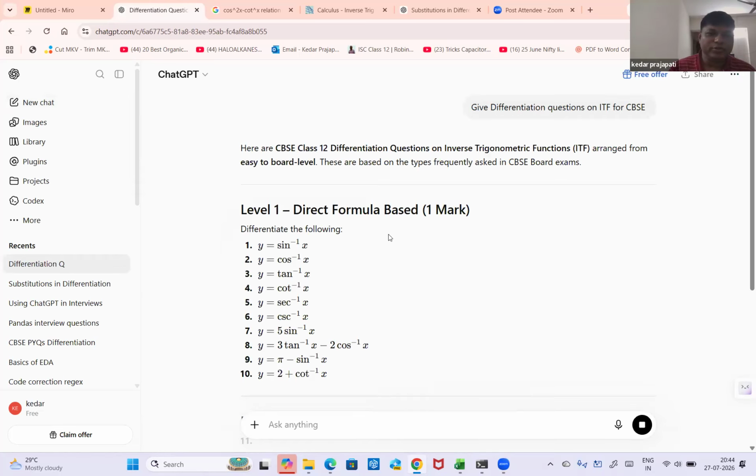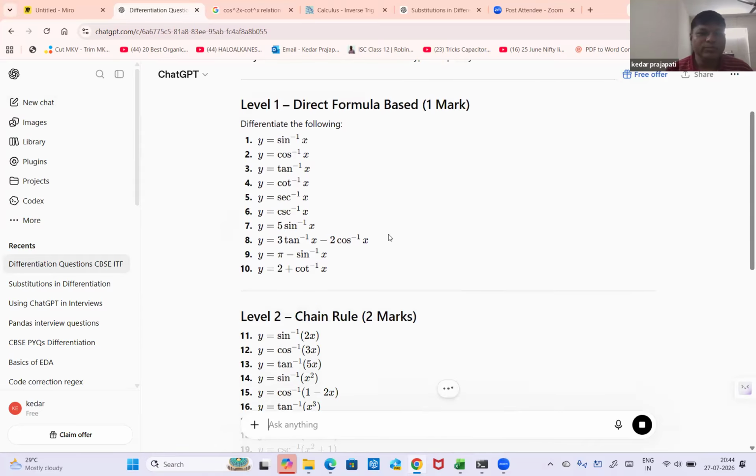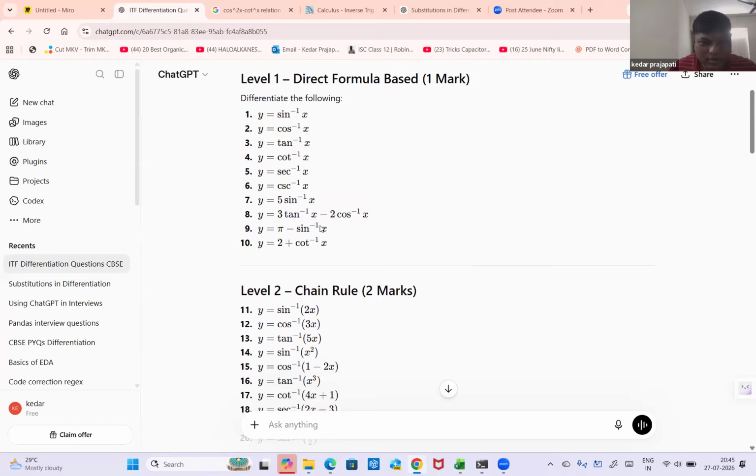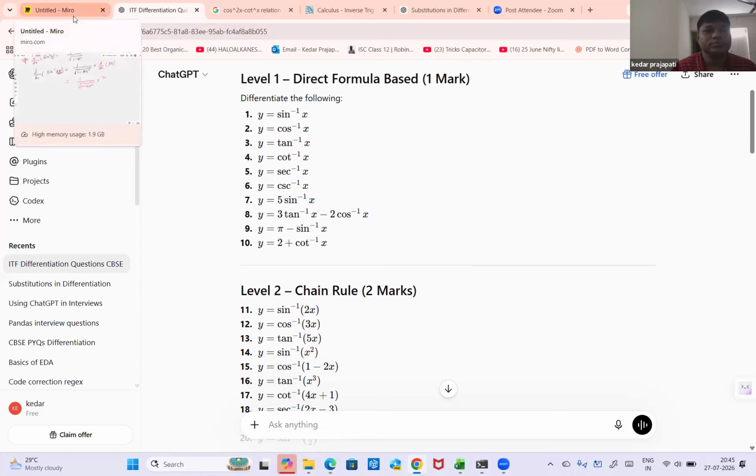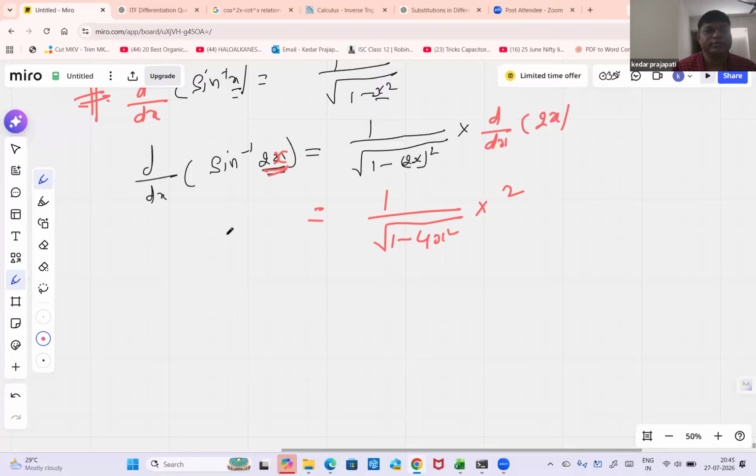Let us solve some random questions. So we have solved these sine, cos, tan, cot, sec, cosec. Can we solve this? This you can easily solve: pi into sine inverse x. How will you do it? Let us do y equal to 5 sin inverse x.